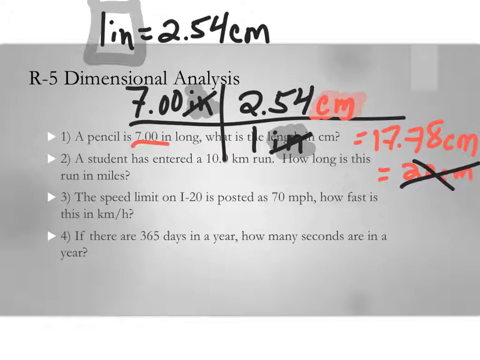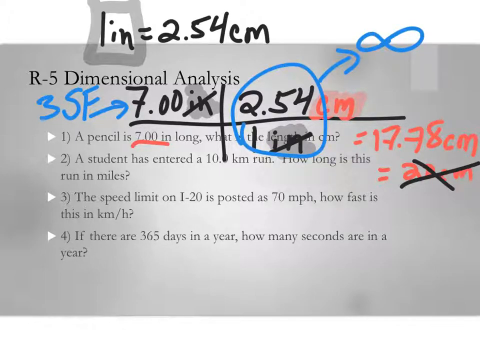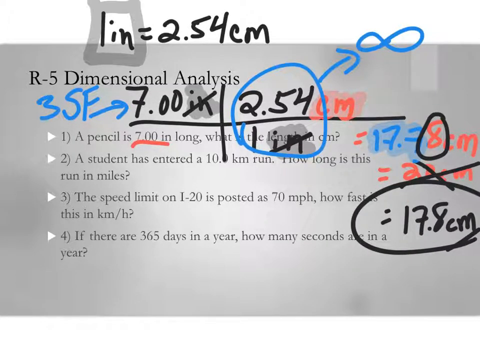So although the 7 has 3 significant figures, both of them have infinite. So your answer has to be to 3 significant figures. So 1, 2, 3, and then we look at the 8 next to it. It's bigger than 5, so that makes this 17.8 centimeters.